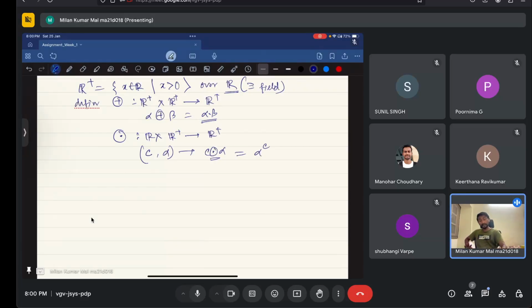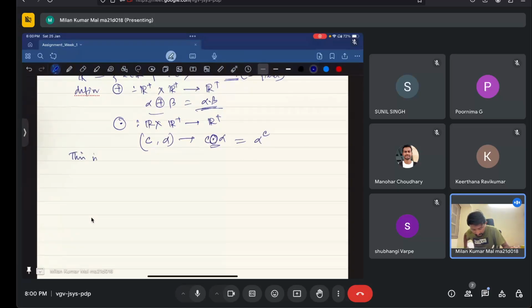So note that here addition is not addition, here addition is multiplication. And here scalar multiplication is something exponential. This will form a vector space. That is what is interesting. This is a vector space over R with the operations mentioned above.